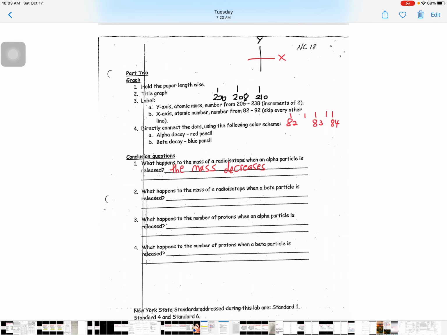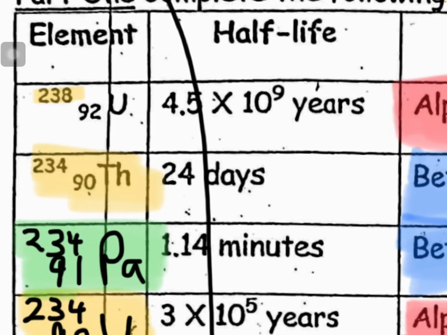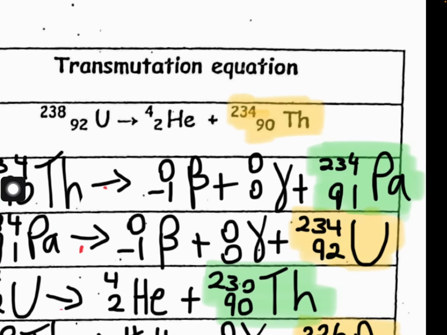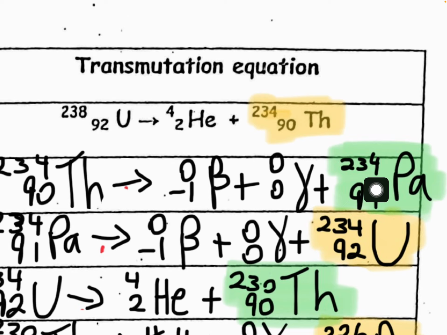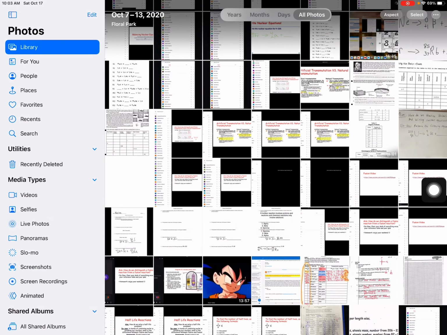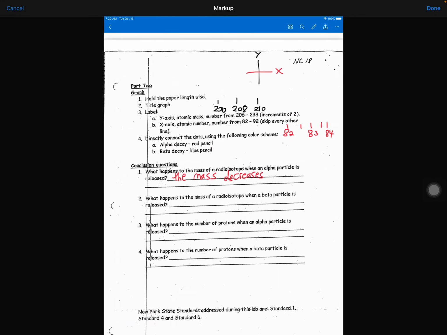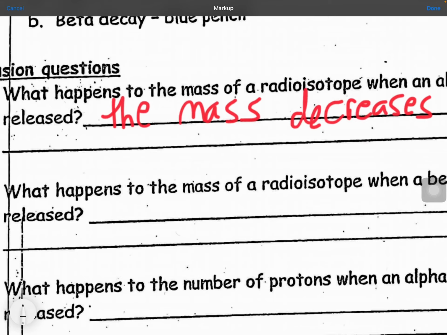If we look at our other thing, the beta particle, we see that the beta particle is going from 234 to 234. So what's happening? In this case, the mass is remaining the same. So again, for number 2, the mass remains the same.